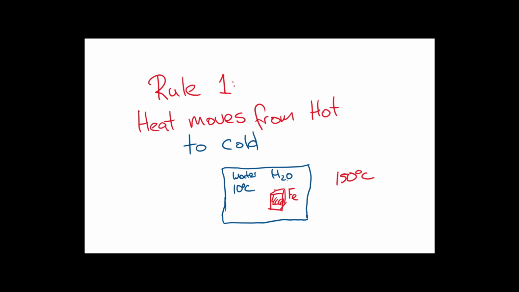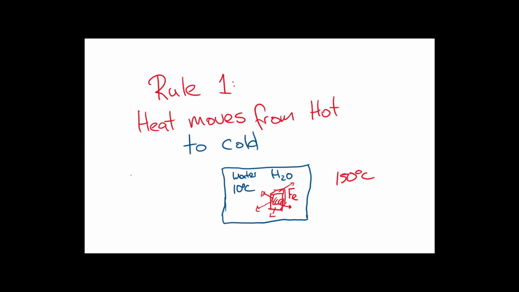What's going to happen is that the heat from the iron is going to move out of the iron, so the iron is going to cool. It's not going to take in coldness. It's going to move out in every direction that it can move away from the iron into the water.